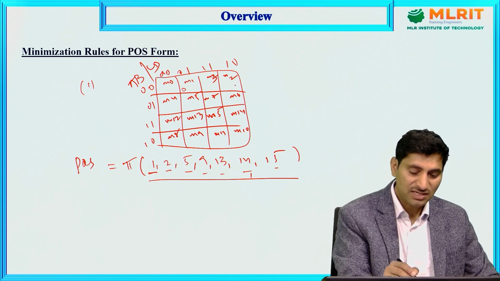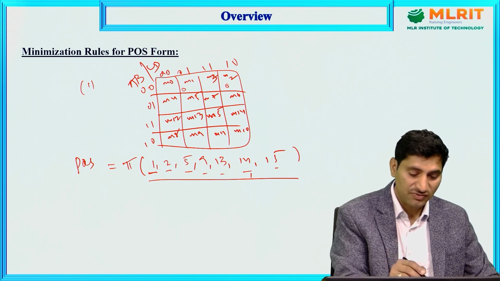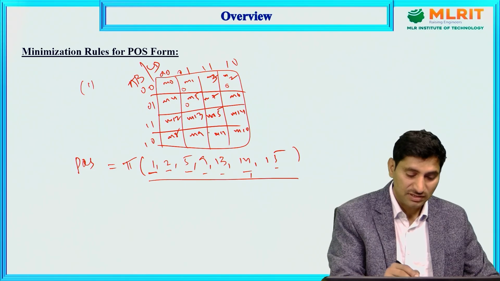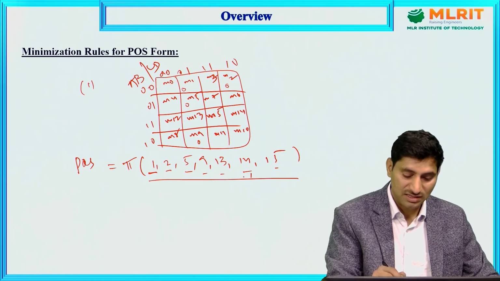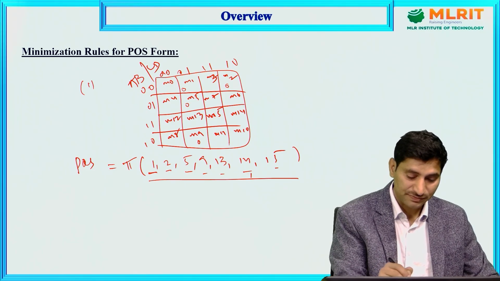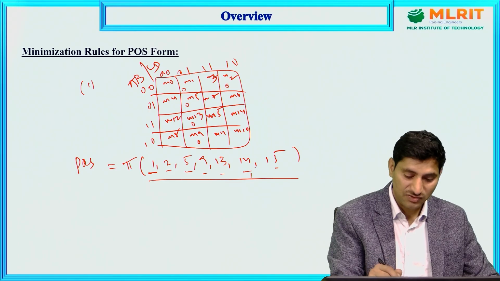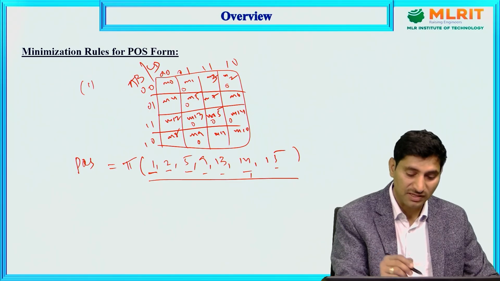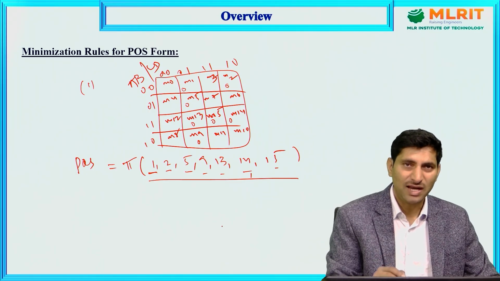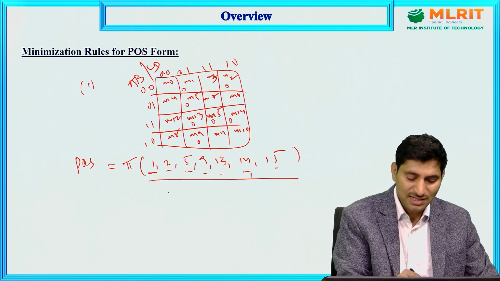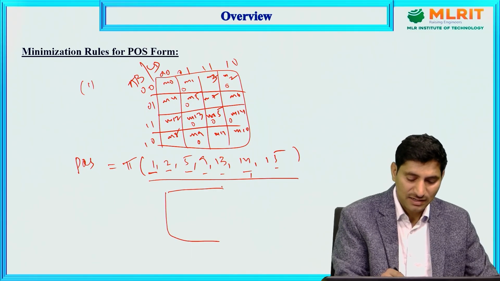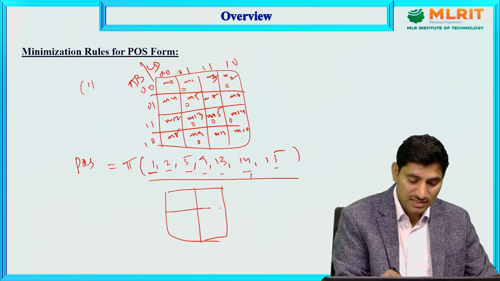Next the second term. Next the fifth term. Next the ninth. Next the 13th. Next the 14th. Next the 15th. So like that we can mark it. Let us rewrite this again, the marked cells.